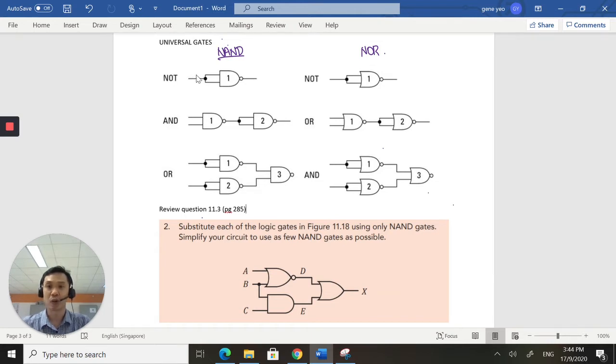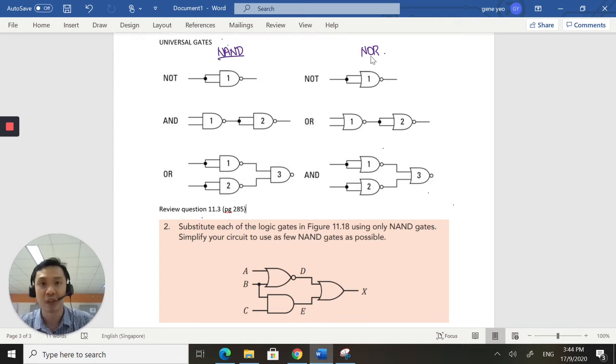Okay, if I want to build an AND gate using NAND gates, I put two NAND gates front and back, and I build it this way. If I want to build an OR gate using a NAND gate, I'll put three, two followed by one. So you have to remember how to draw this. This one, nothing to understand, just remember how to draw.